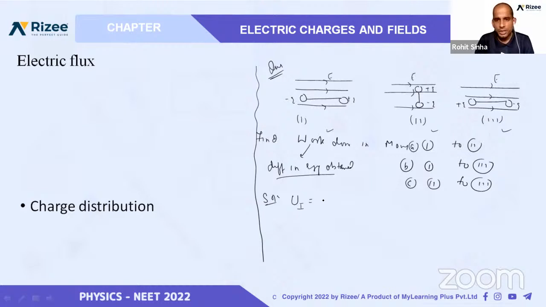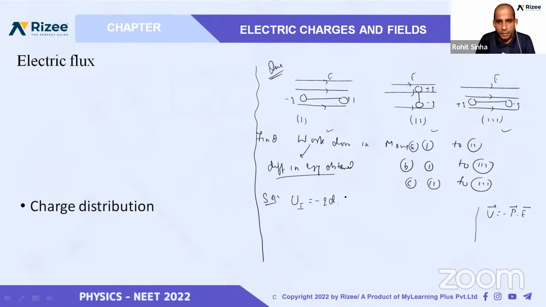What will be the potential energy? We have learned in the previous slide that U is equal to minus P dot E. So the potential energy will be minus P E, where P means QD, into E.